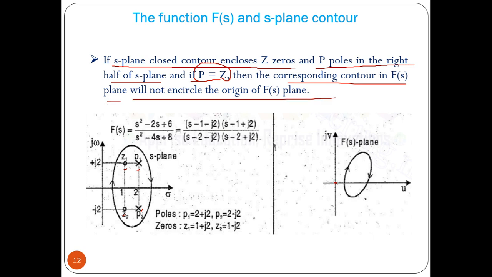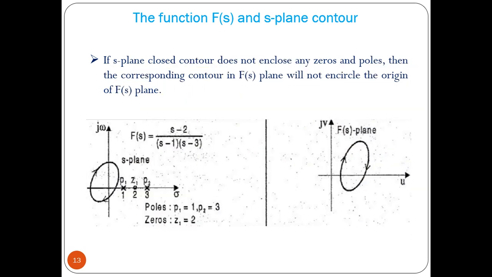So this is another most important point. If P equals Z in the right half of S plane of the open loop transfer function, then if you map from the S plane into the F(s) plane, it will not encircle the origin. That is the difference that you have to remember.